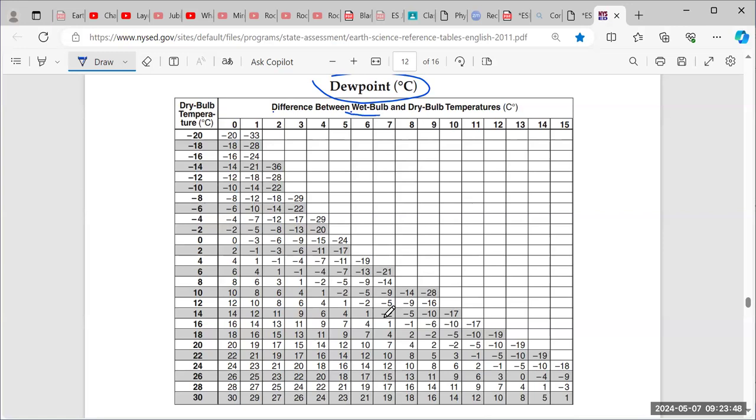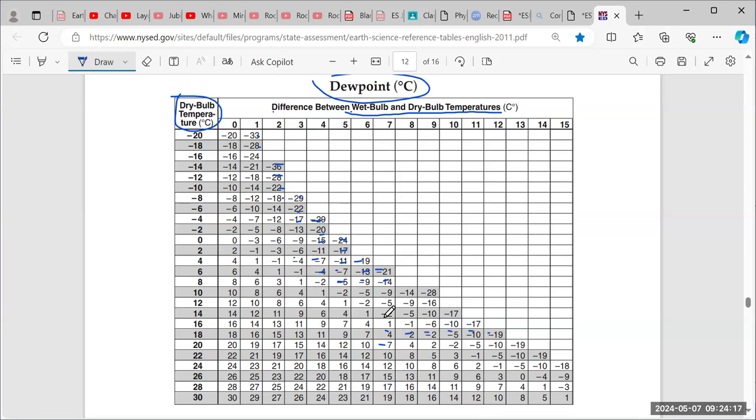So somehow I'm going to use the dry bulb and the wet bulb temperature to find the dew point. Now, keep in mind, all of these numbers inside these boxes represent dew point temperatures in Celsius.